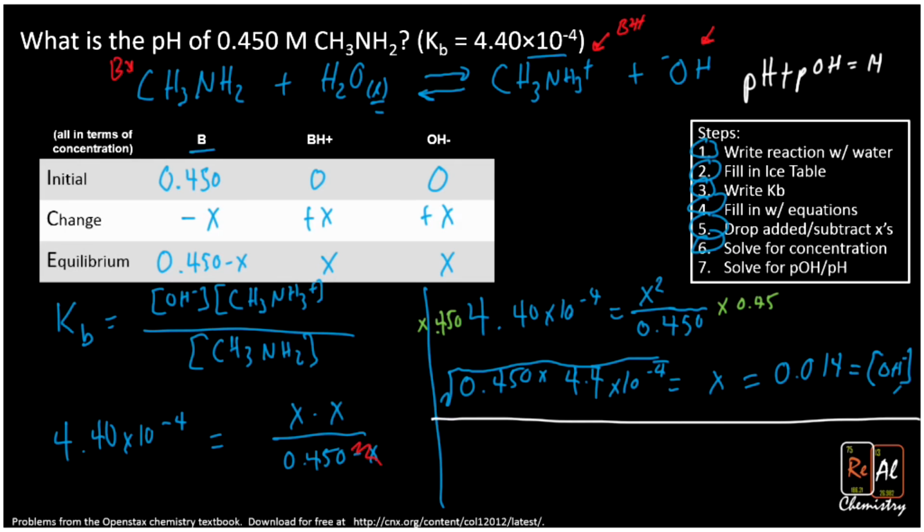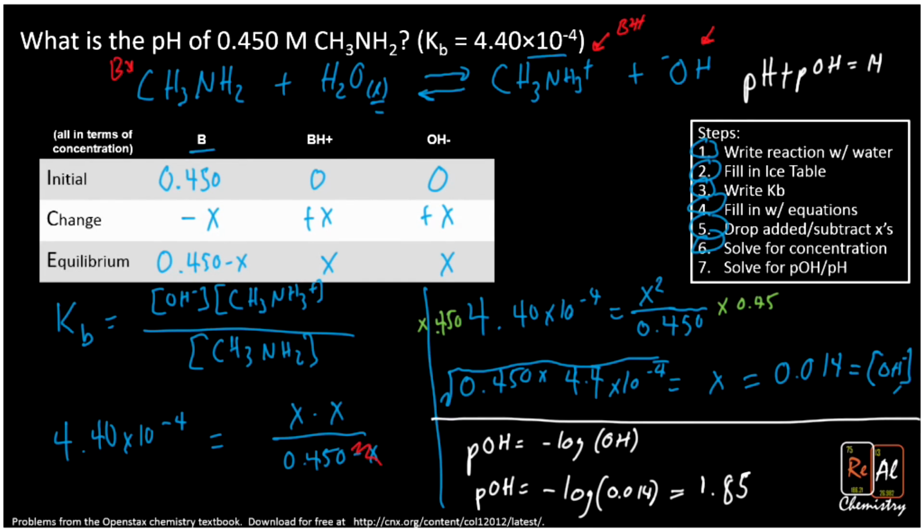And that means once we get pOH, we can go directly to pH. So how do you get pOH? pOH is equal to the negative log of my hydroxide ion concentration. So pOH is equal to the negative log of 0.014. So pOH in that case is 1.85.